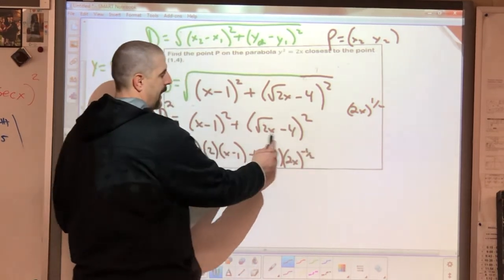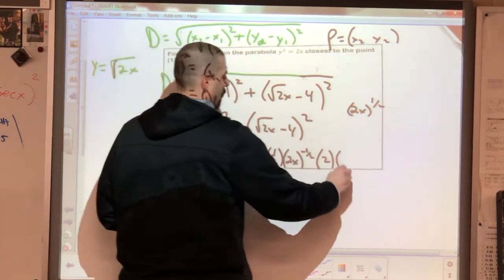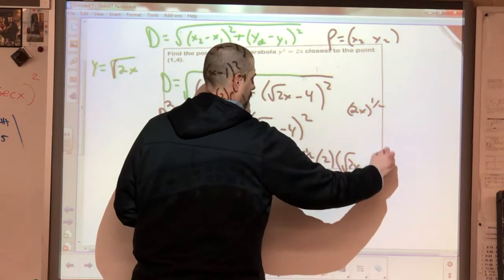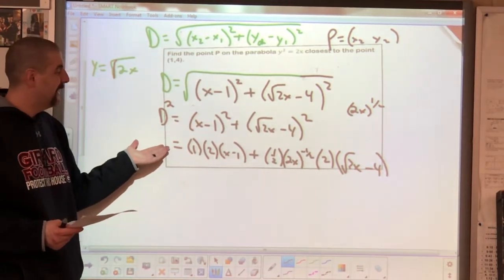Then we move outside, times 2 times the square root of 2x minus 4, the first power. Now here, you have to set that equal to 0 and solve.